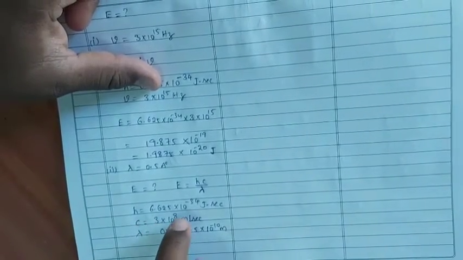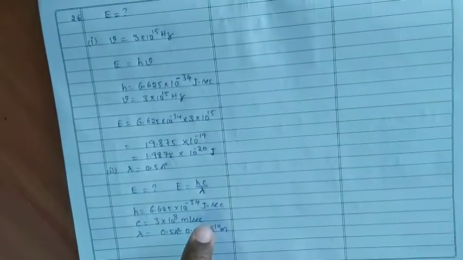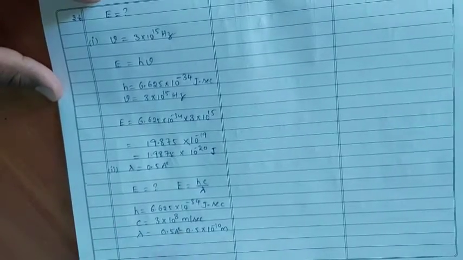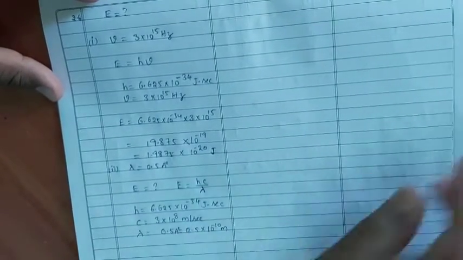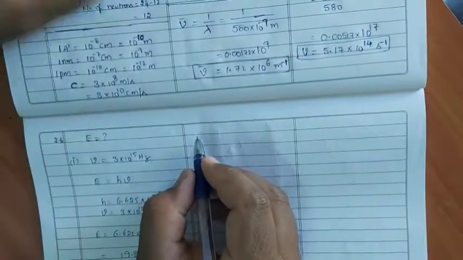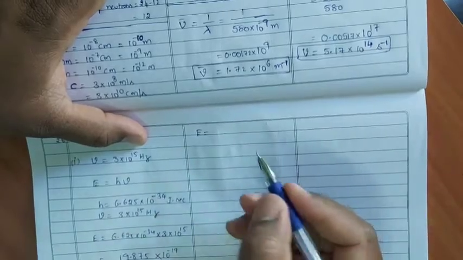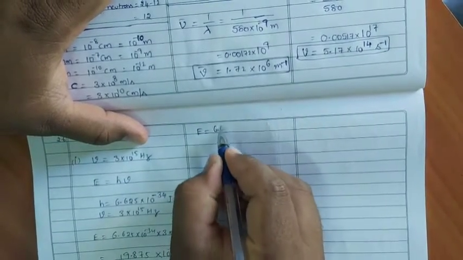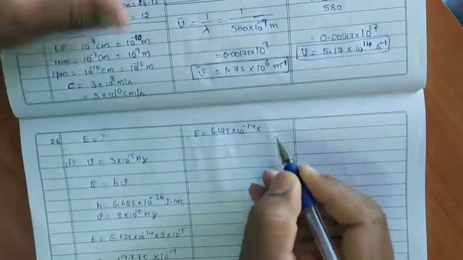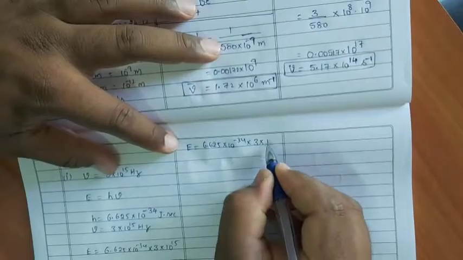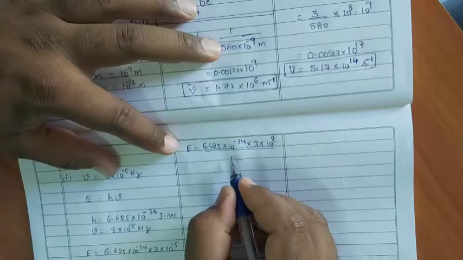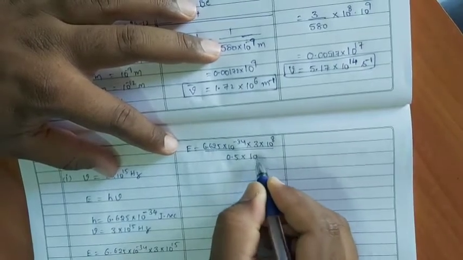H is equal to 6.625 into 10 power minus 34 joule second. C is equal to 3 into 10 power 8 meter per second. Substitute all these values in E is equal to hc by lambda. Now let us see how to substitute that one. E is equal to 6.625 into 10 power minus 34 into C value 3 into 10 power 8 divided by lambda 0.5 into 10 power minus 10.